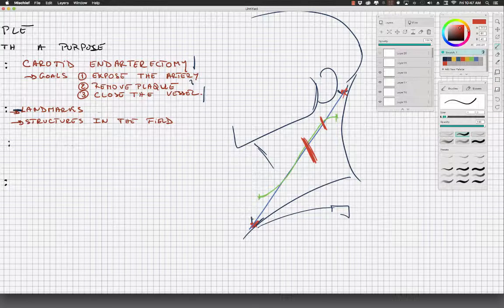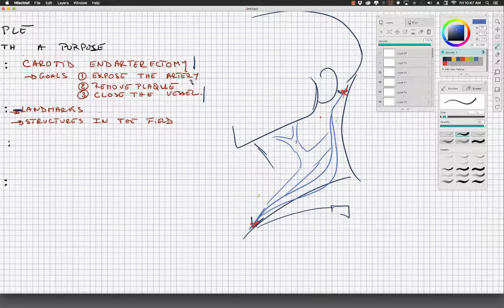So when we make our incision, the sternocleidomastoid is retracted. Imagine this is the left side of the patient, and I'm left, the first structure I will see is a jugular vein with the facial vein here.